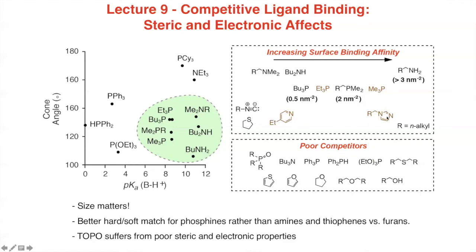And then again, down here, we see some weaker bases that still bind. In the case of imidazole and pyridine, presumably that's because of their small steric size, the fact that they're flat. Now, a few that barely make the list: isocyanides, not bulky at all, but also not very strong bases. Consider the pKa of this conjugate acid is very low.